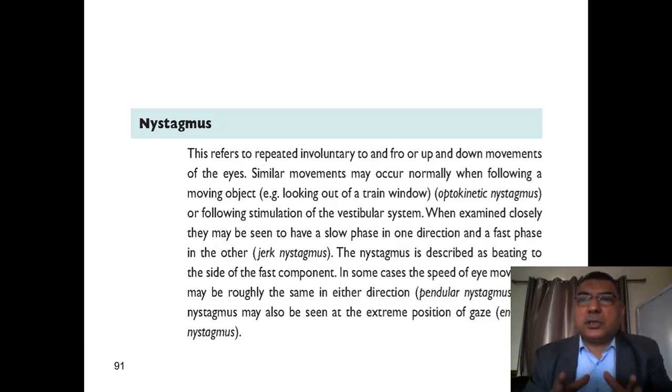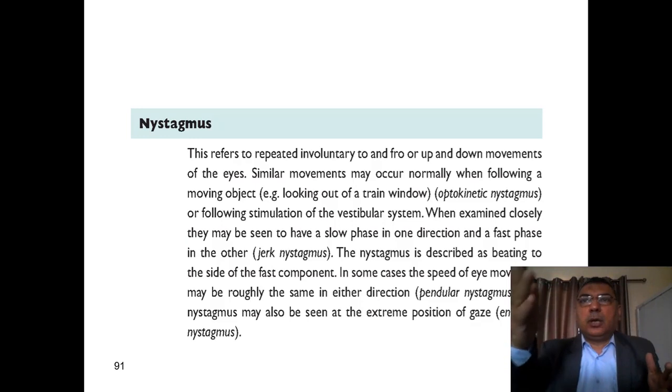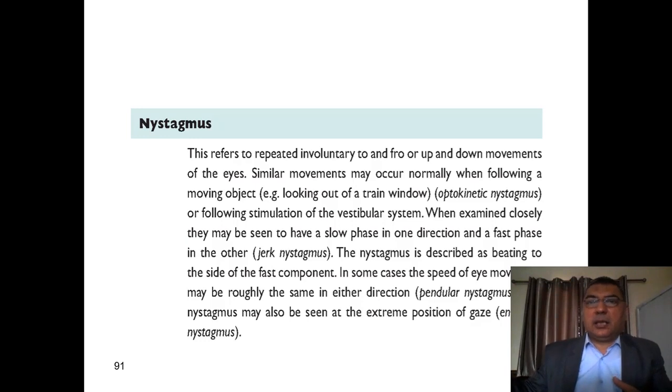There is a physiologic form of nystagmus, which is called the optokinetic nystagmus. When you go in a train or a bus, for example, and you look at the eyes of the person sitting in front of you, he is looking at the different targets during the movement of the bus. For example, the trees or the light signs or the signs in the road.